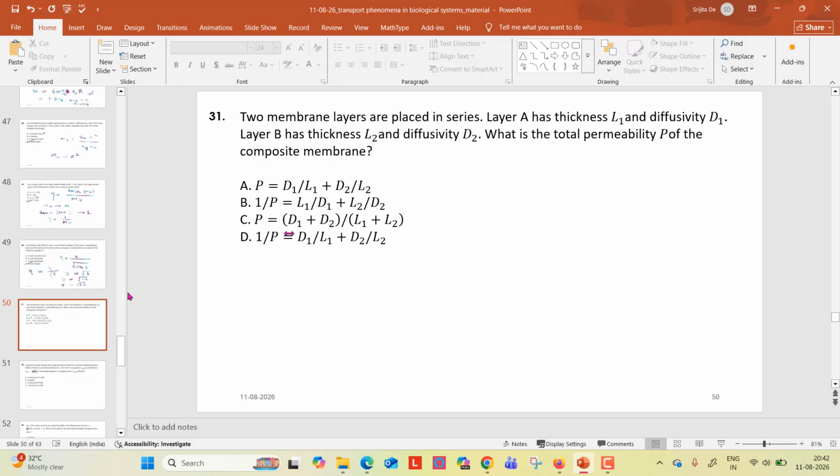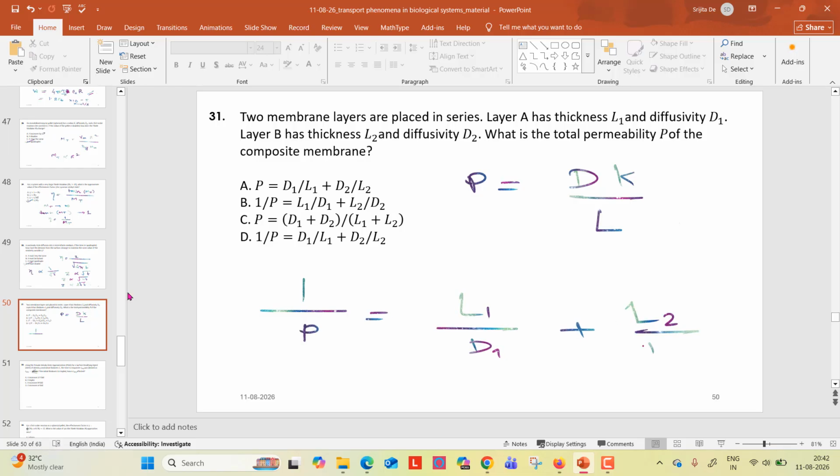So P is defined as DK by L, right? So 1 by P equals L1 by D1 plus L2 by D2, because there is no coefficient present and we have to calculate the permeability in series like this. It's option B. Next.